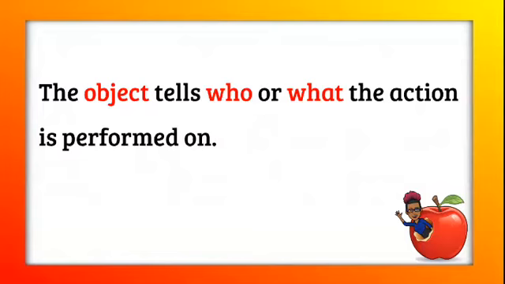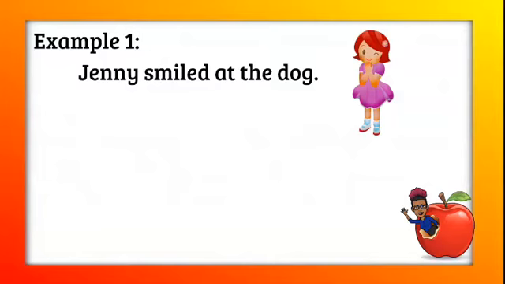Let's go straight into the objects of a sentence. The object tells who or what the action is performed on. Same as who or what is receiving the action. Our example, Jenny smiled at the dog.